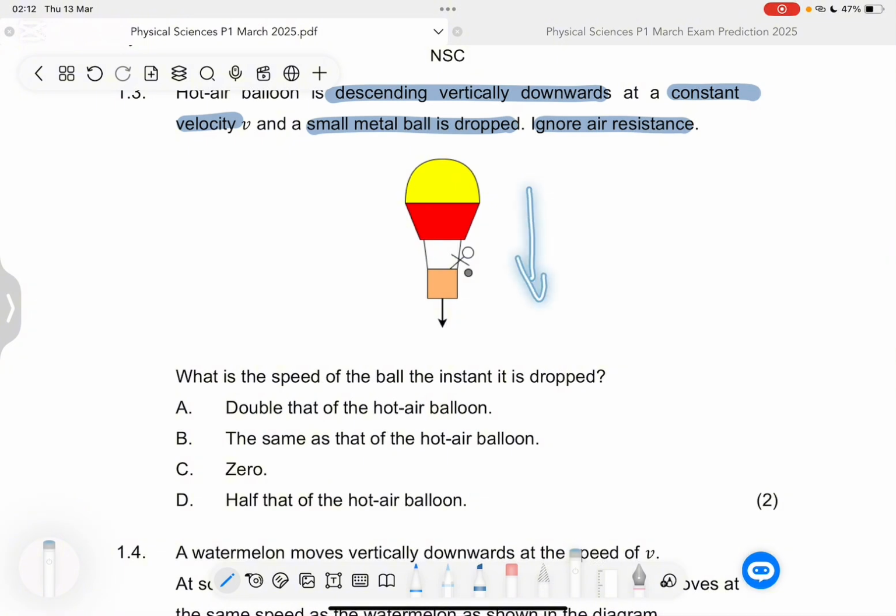To descend means it goes down, and it goes down vertically, moving at a constant velocity v. As it moves, there's a point where a metal ball is being dropped by this person here. They ask us, what is the speed of the ball the instant it is dropped?